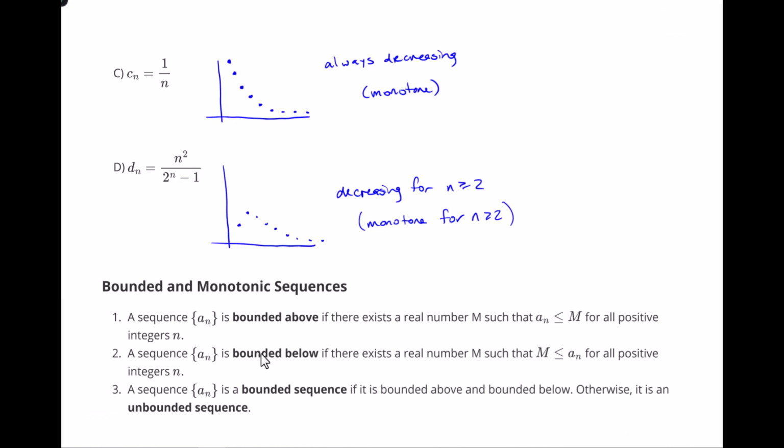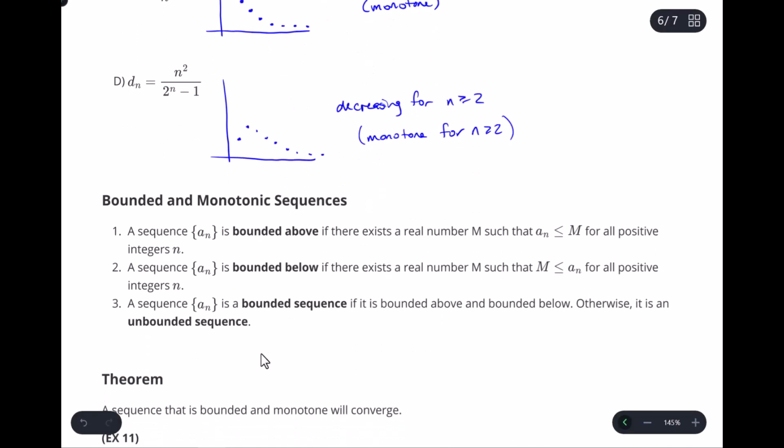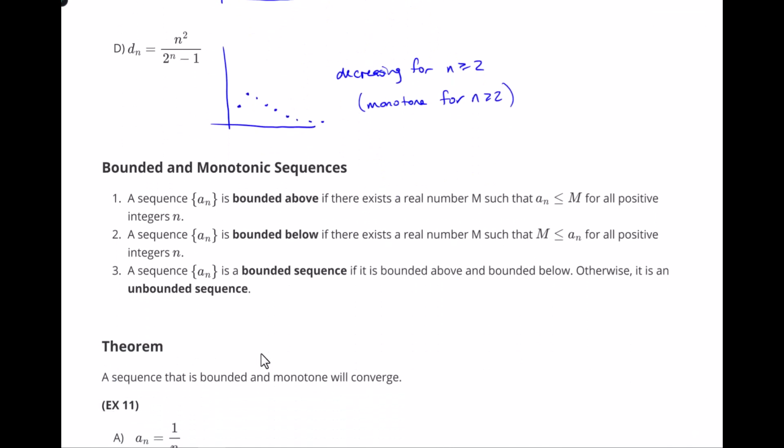Okay, so determining if a sequence is monotone is helpful in determining whether or not the sequence is convergent, but it's not everything that we need to know. We also need to know about bounded sequences.